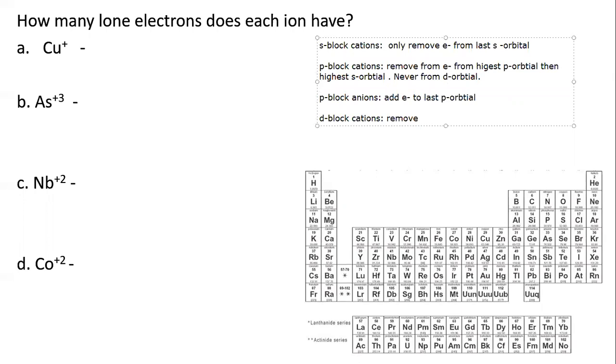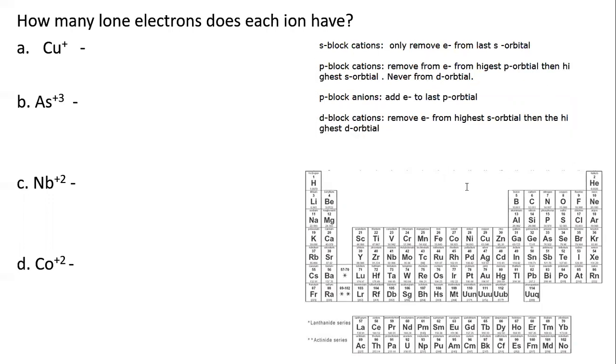And here you remove electrons from the highest s orbital first, then the highest d orbital. So that's kind of a summary of how the different ions behave.